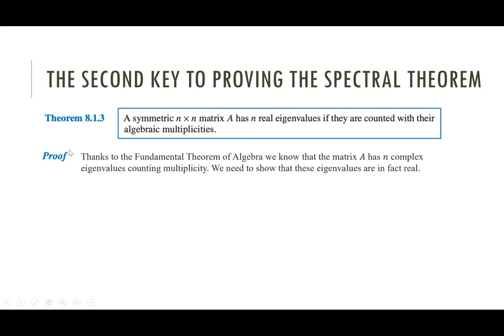So prove this. Thanks to the fundamental theorem of algebra, we know that A has n complex eigenvalues counting multiplicity, but we want to show that these are, in fact, real.